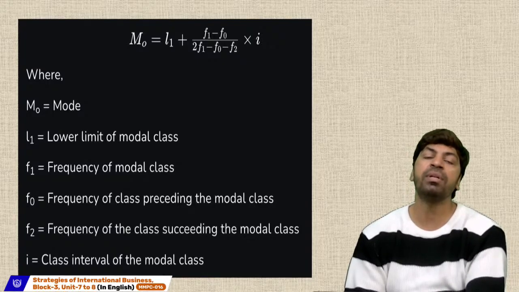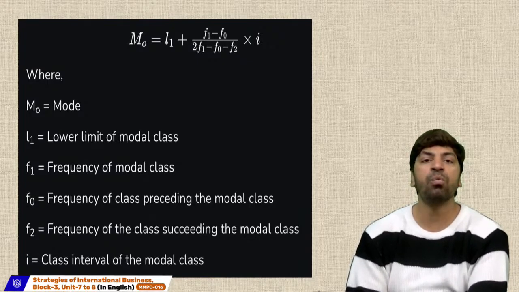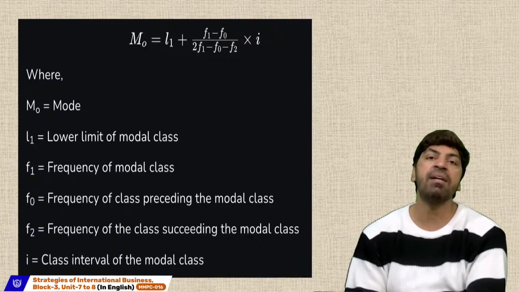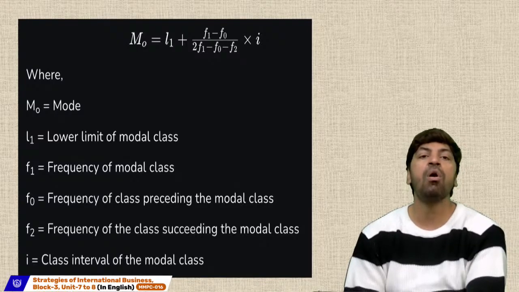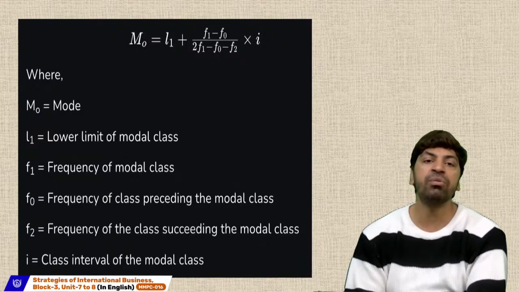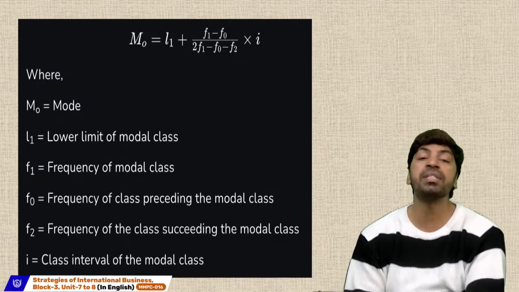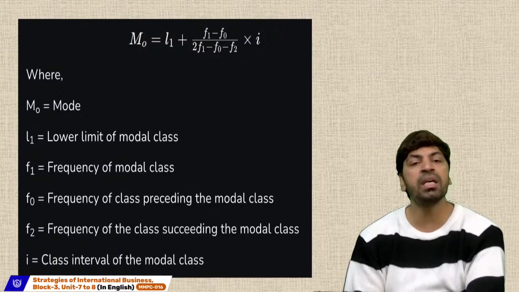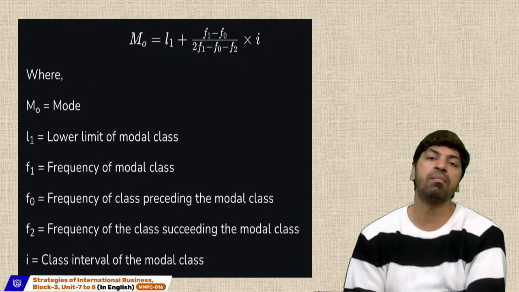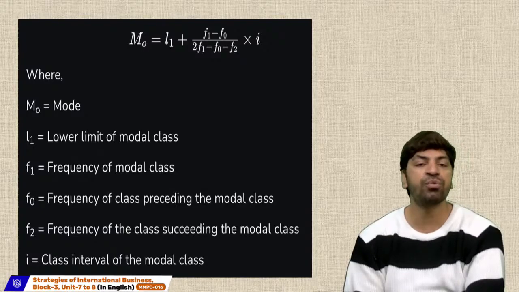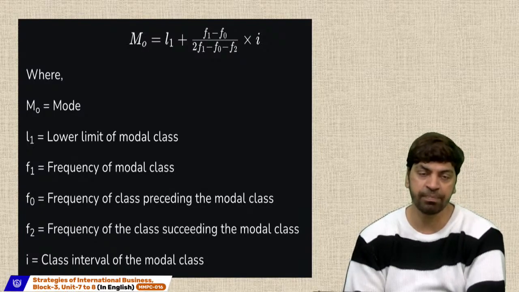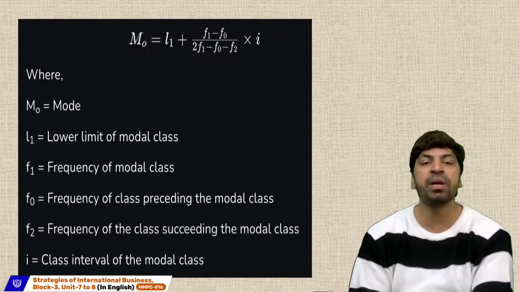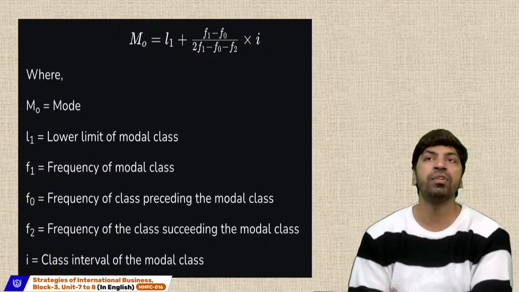Mo, the symbol of mode, is equal to L1, the lower limit of the modal class, plus F1, the frequency of the modal class, F0, the frequency of the class preceding the modal class, F2, the frequency of the class succeeding the modal class, and i is the class interval of the modal class. This is the formula for the continuous series to calculate the value of the mode.